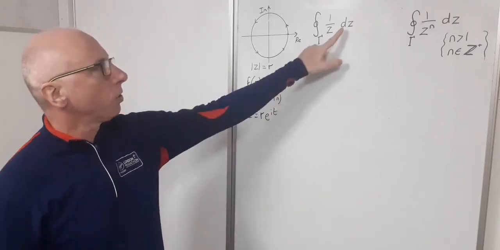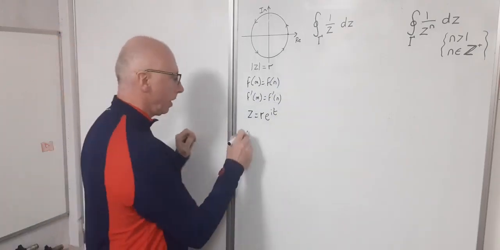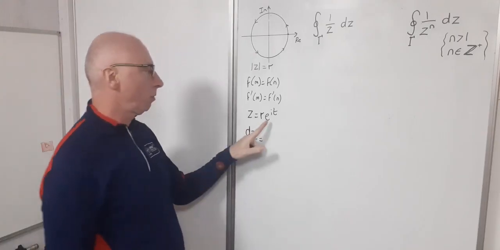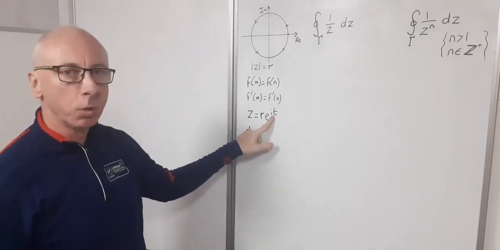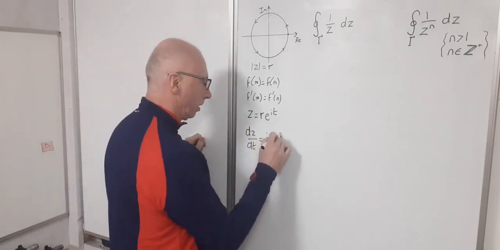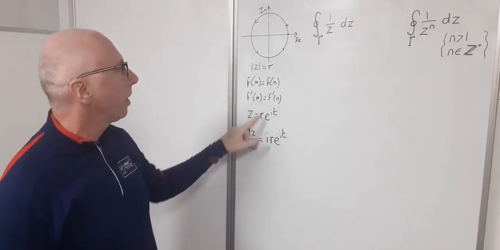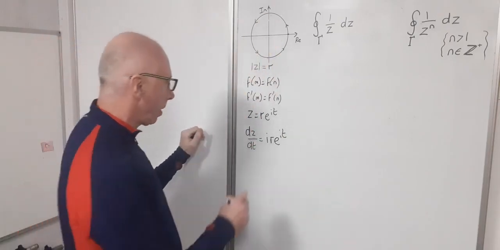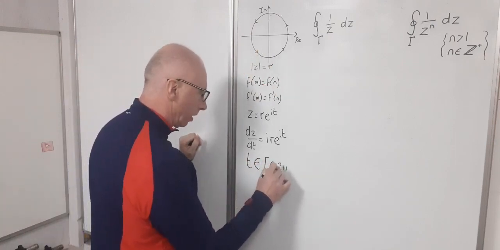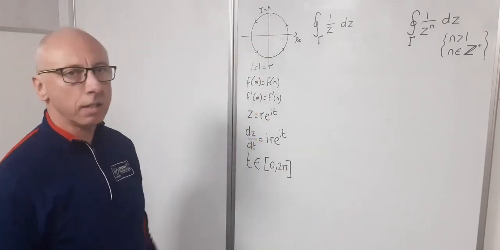Now if we're going to use that in our integral, we need a dt, so we need to take the derivative of this with respect to t. So dz/dt equals i r e to the it. That's our derivative with respect to t, and t goes from 0 to 2 pi. So in complex analysis, that defines our circle.